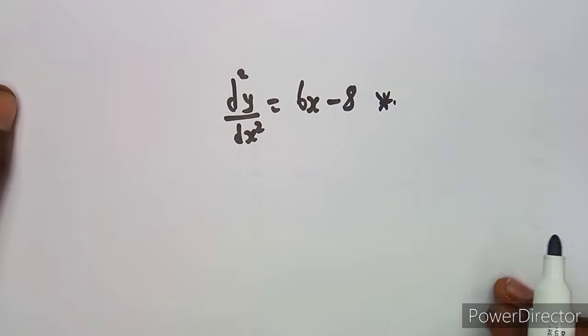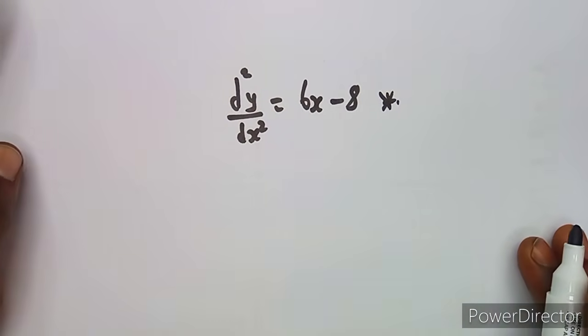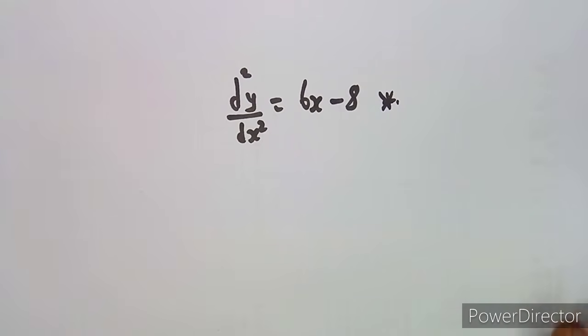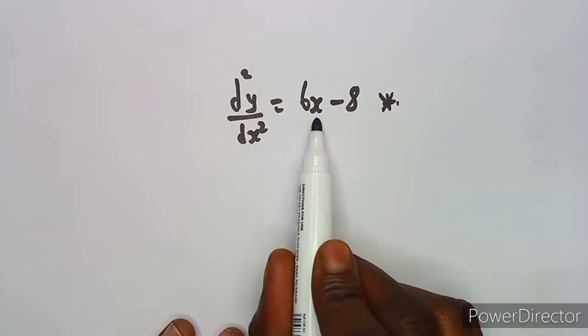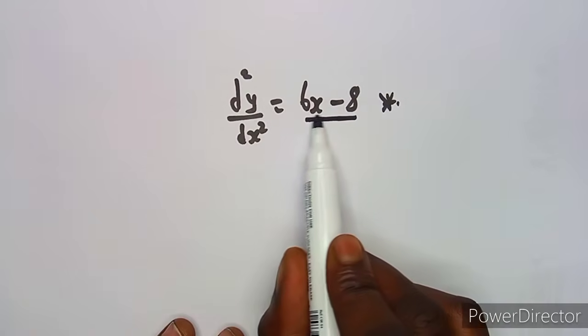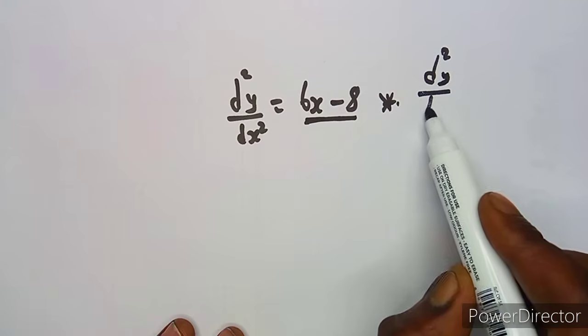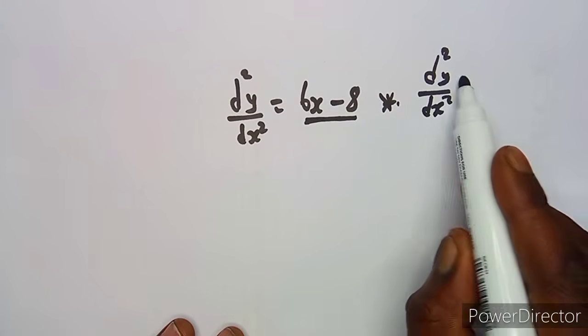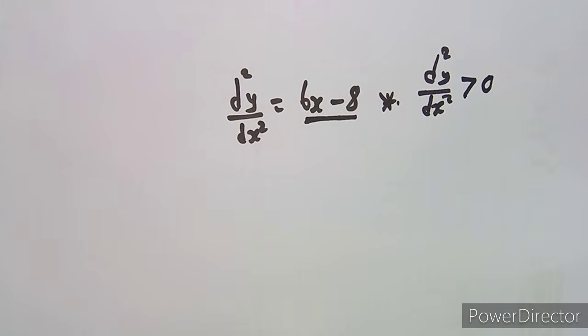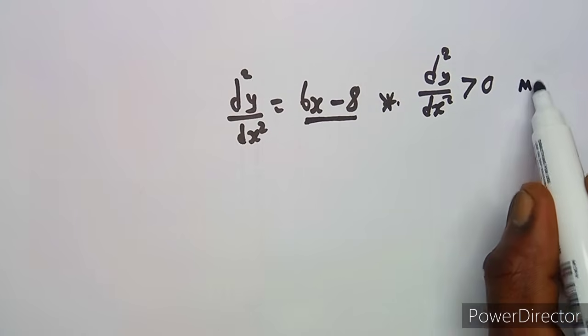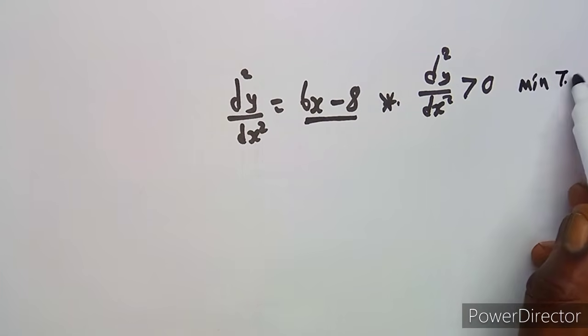So in order for you to know whether this point is a maximum turning point or this point is a minimum turning point, you are going to substitute the value of x onto the expression that you're given. Why? Because we know that if the second derivative is greater than 0, meaning positive values, you are referring to a condition where you are given the minimum turning point.